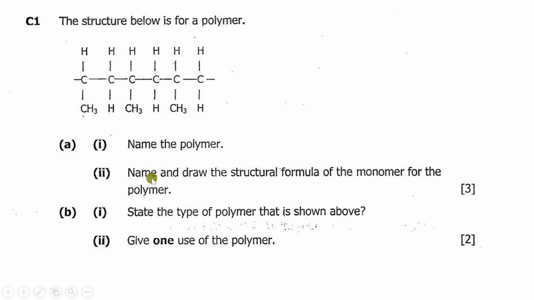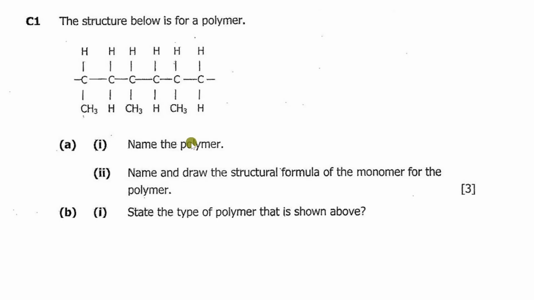Roman numeral 2, name and draw the structural formula of the monomer for the polymer. Then B, Roman numeral 1, state the type of polymer that is shown above. Then Roman numeral 2, give one use of the polymer. So we'll start answering right away.